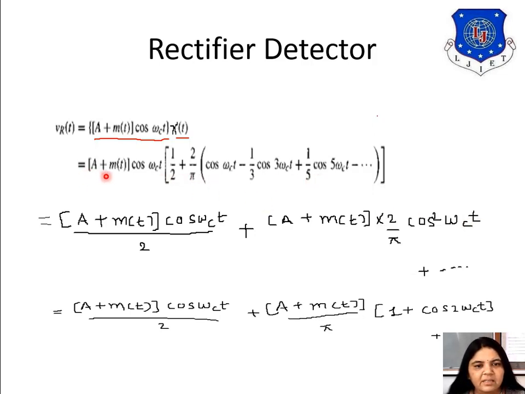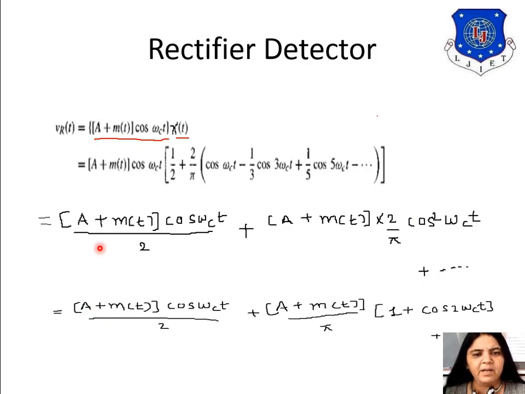Now I will take this inside. So it is (A plus m(t)) cos omega c t by 2, plus, taking the first step, (A plus m(t)) into 2/pi cos omega c t, that is cos square omega c t. Now these are the higher terms, and that way we will get all the higher terms.